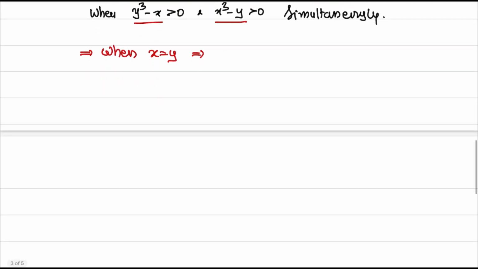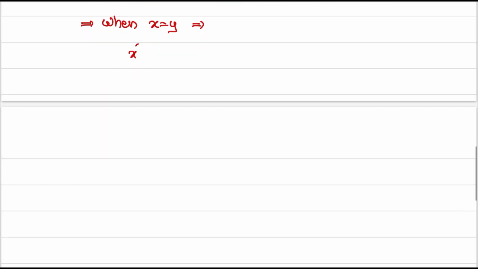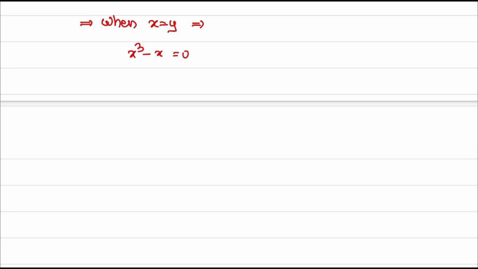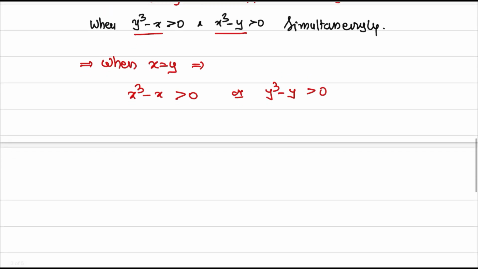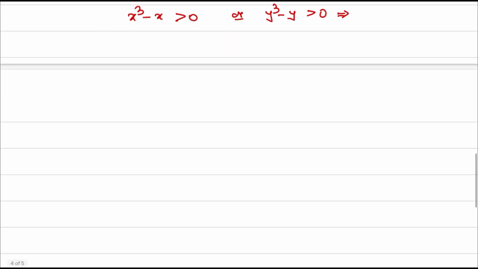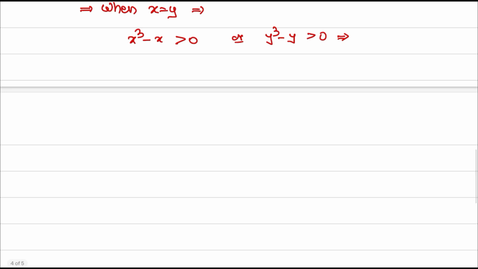That implies x cube minus x is greater than 0, or y cube minus y is greater than 0. That implies x cube minus x is x into (x square minus 1) greater than 0, or y into (y square minus 1) is greater than 0.